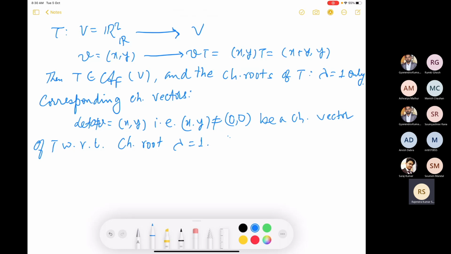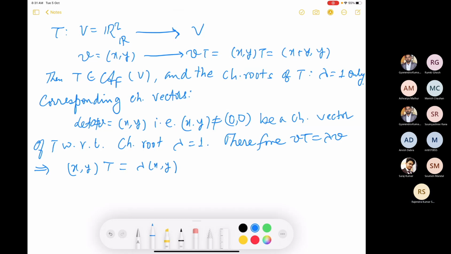So that means what? Therefore, what we have here is vT is equal to lambda v. That means that (x, y)T is lambda (x, y), and lambda is equal to 1.